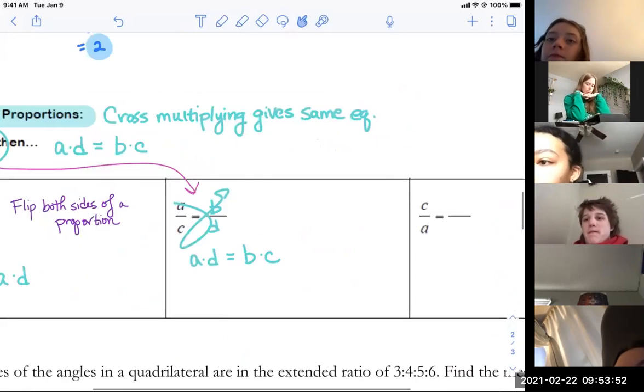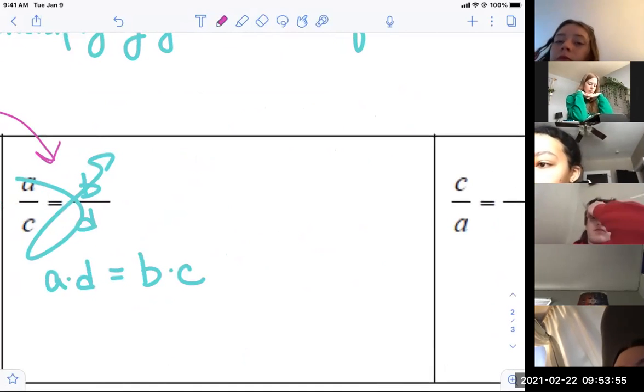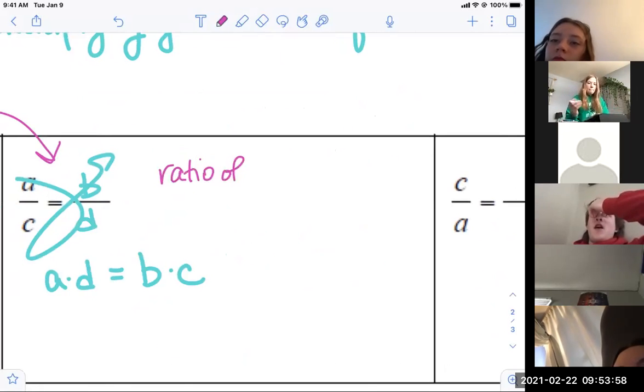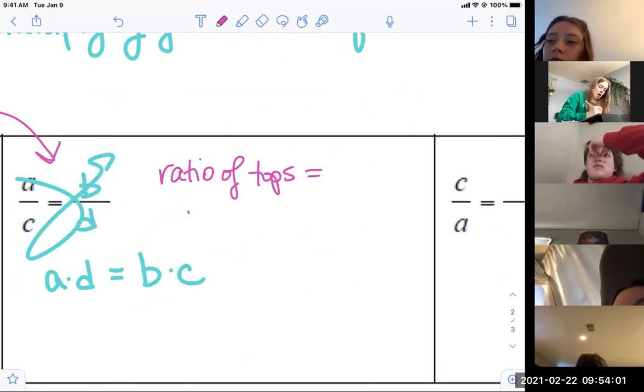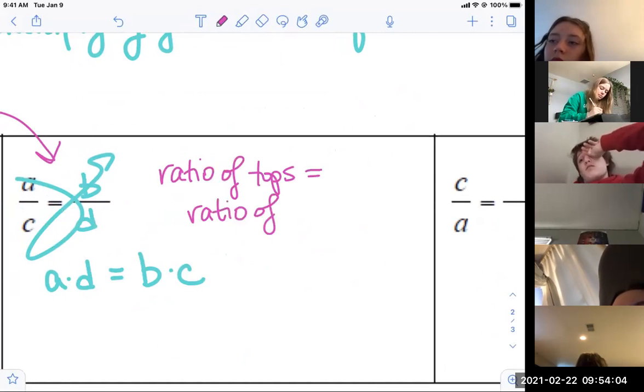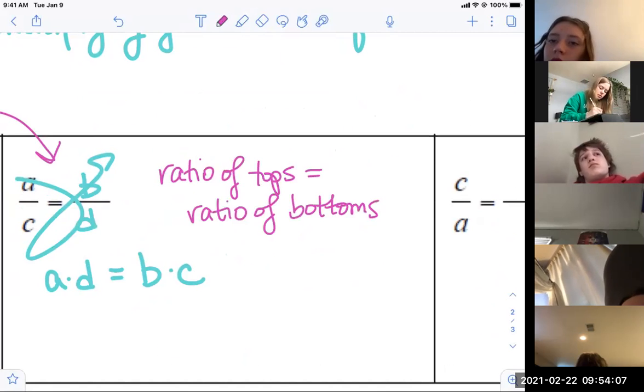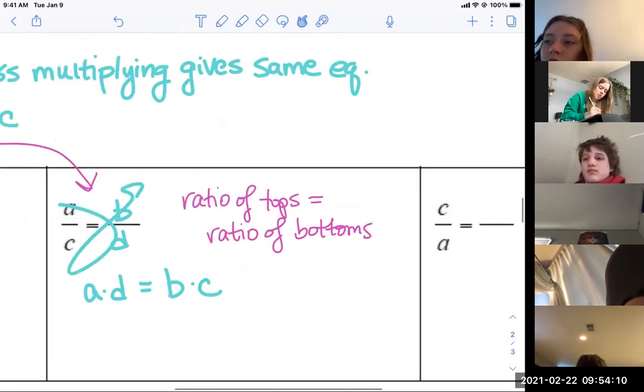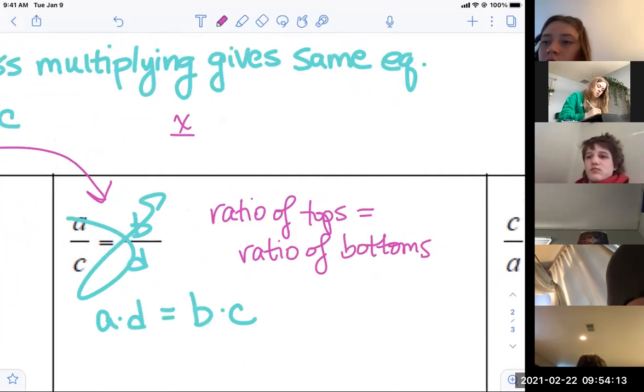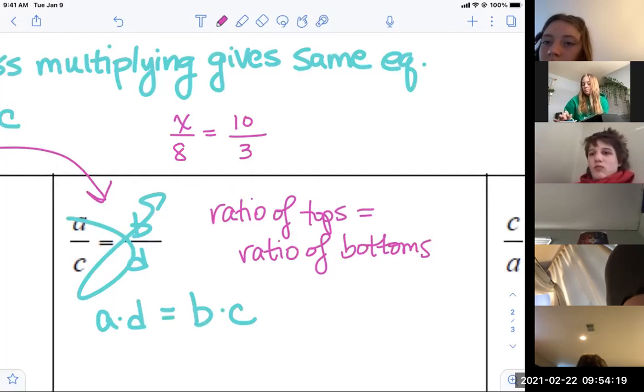Okay, so this one is saying the ratio of the numerators is equal to the ratio of the bottoms. So if you had a proportion like x over 8 equals 10 over 3, you can call that x over 10 equals, what would be equivalent?